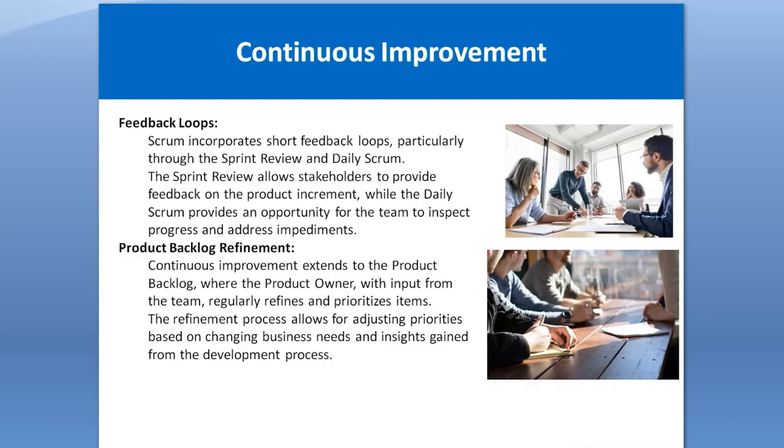And the daily Scrum is a 15-minute meeting held on a daily basis, in which the Scrum development team discusses what has been completed yesterday, what they are doing today, and what impediments and showstoppers they are facing. So the sprint review allows stakeholders to provide feedback on the product increment, while the daily Scrum provides an opportunity for the team to inspect progress and address impediments and showstoppers.